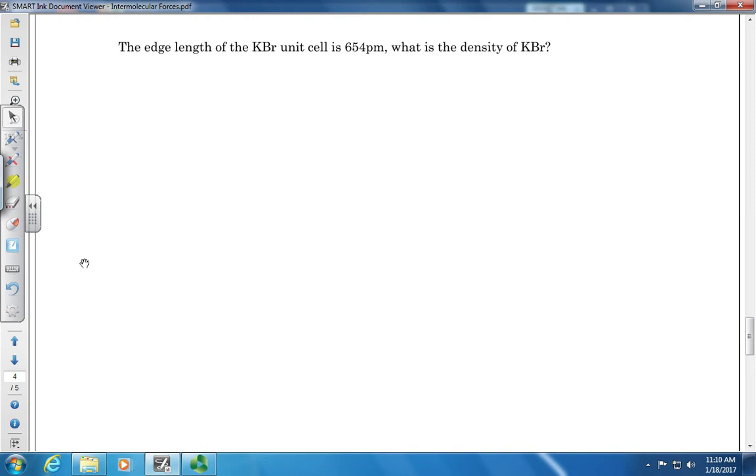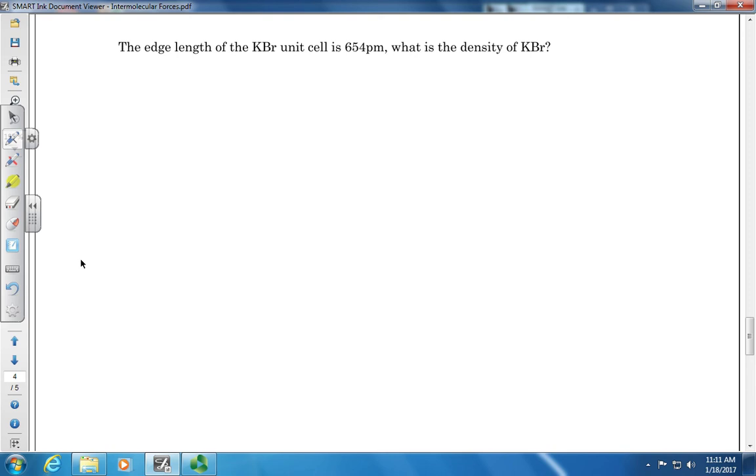Let's start by determining what the mass is. Once we have the mass, we simply need to find the volume, and then from the two we can calculate density.